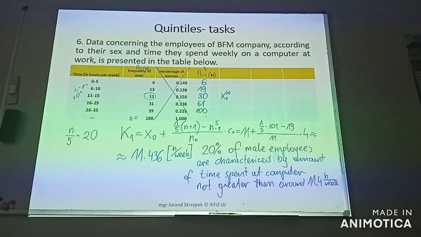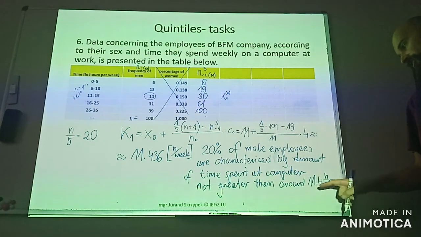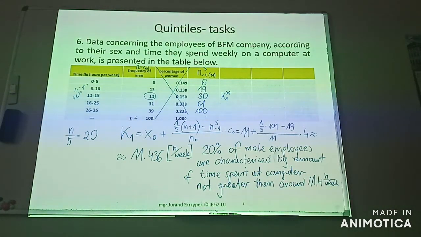This is the interpretation of this amount. Or 20% of men who spend the least time in front of the computer are characterized by the variable value not greater than 11.4 hours per week.